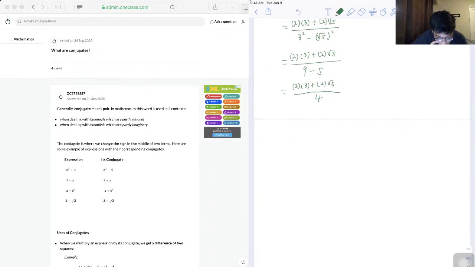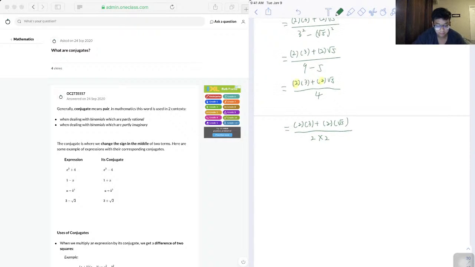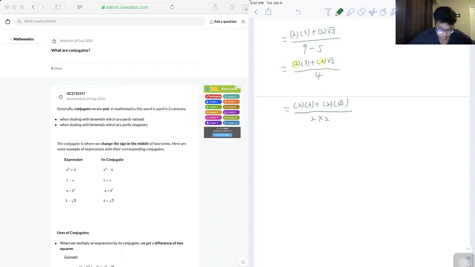And as you can see, we got a 2 for the numerator, which means we can somehow get rid of the 2. So in order to do this, we will write 4 as 2 times 2, since 2 can factor the numerator and denominator.